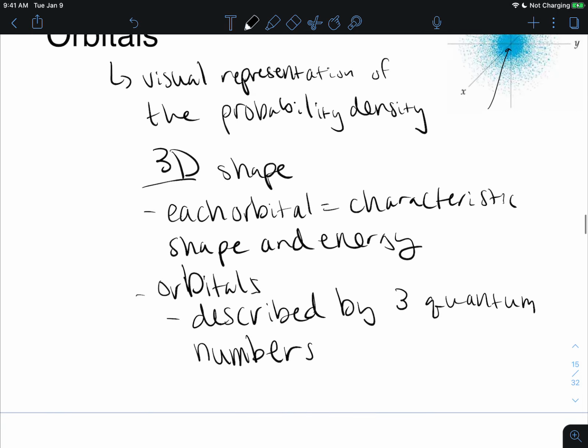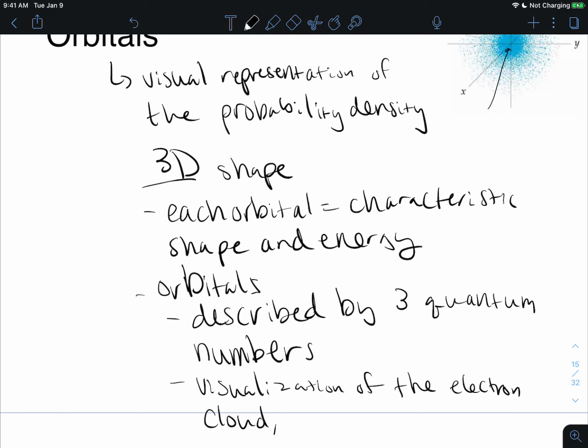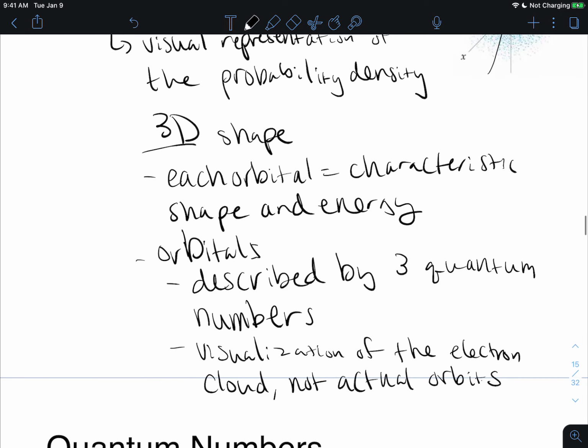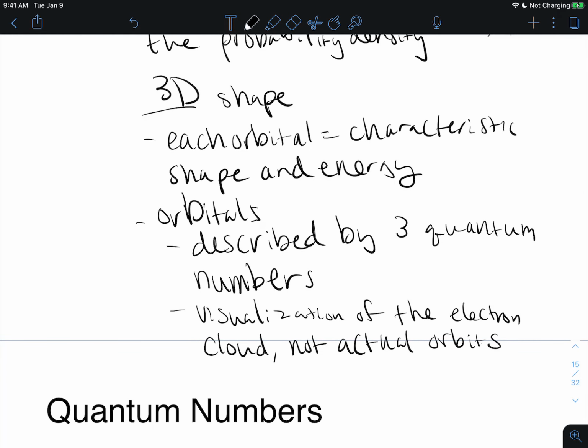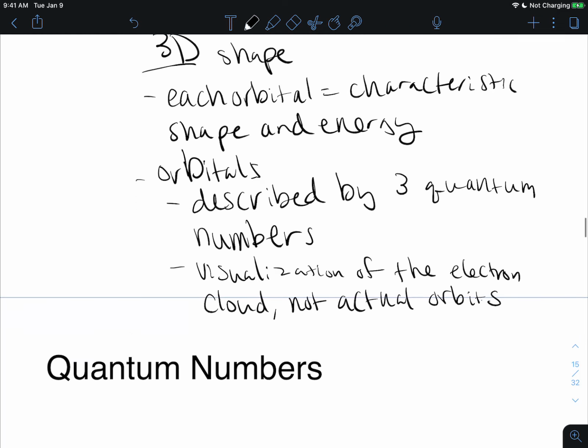And then, as I said just a minute ago, these are visualizations of the electron cloud, not actual orbits like in older theories. So it's not describing how an electron moves. It's describing the location of the electron.